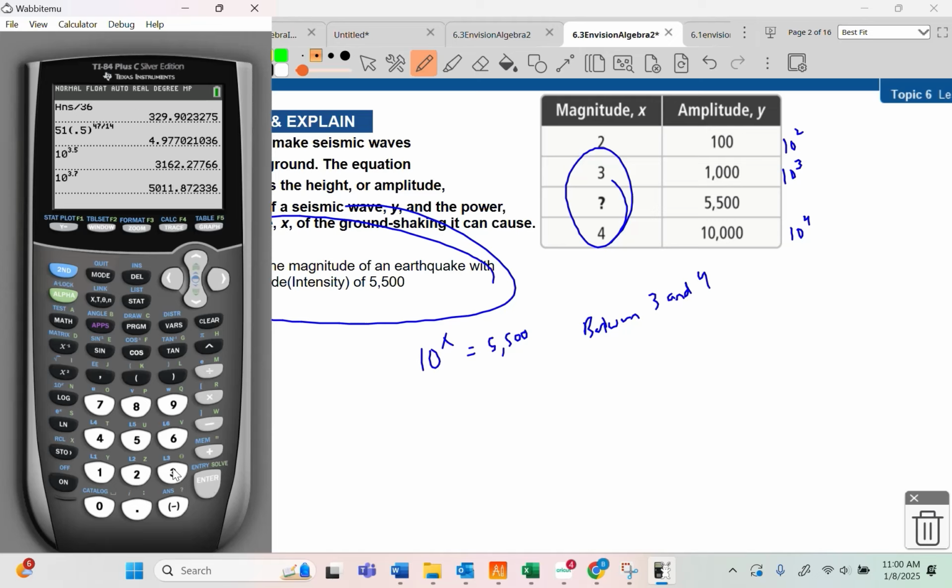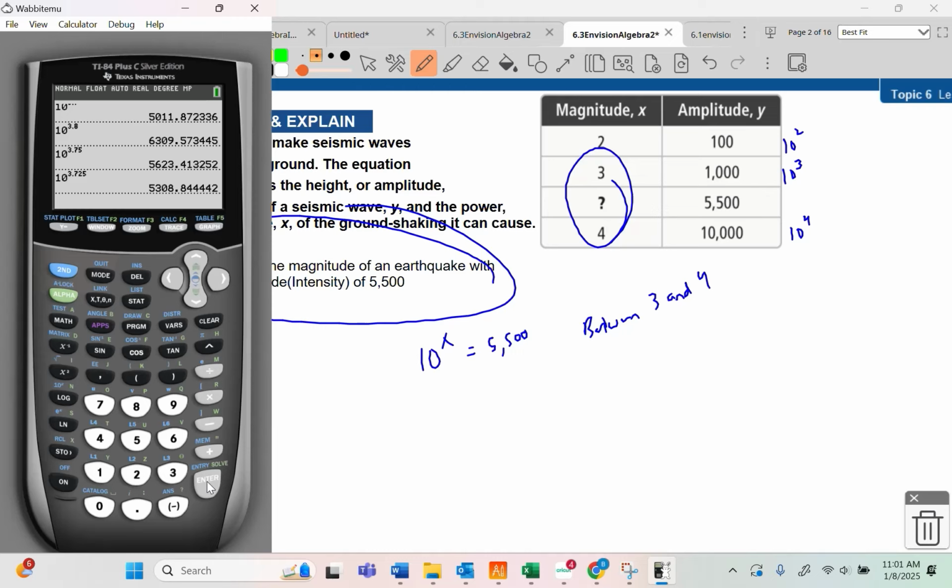Getting closer, right? My guess is 3.8 is going to be too high. So maybe it's halfway between 3.7 and 3.8. We're getting there. A little bit lower, though. But maybe you can see that even with technology, basically all we're doing is guessing and checking, right?